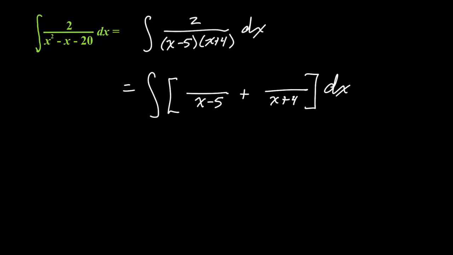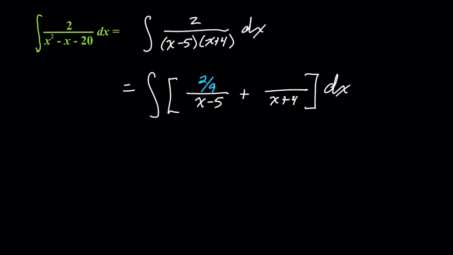We need to figure out the constant that is going to go up here by plugging 5 in for x. But because we're plugging 5 in for x, we're going to ignore this parenthesis. That's going to give us 2 over 5 plus 4, or in other words, 2/9.